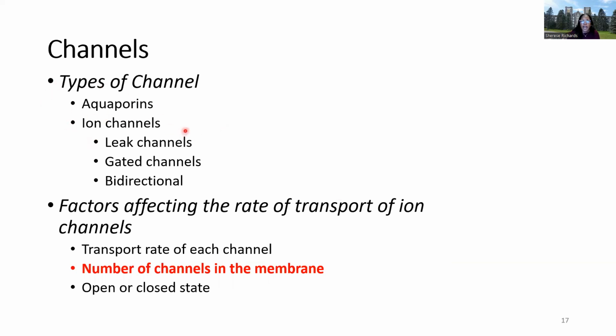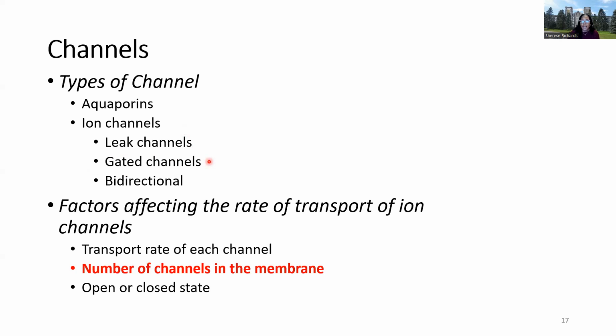Other types of channels are ion channels, so channels specific to certain ions, and these can be leak channels. In other words, they have no condition. They just freely move ions according to that concentration gradient. Here, again, they're going to be specific. So specific to sodium, specific to potassium, calcium, chloride, etc. The other subtype of ion channels are gated channels, and gated channels need some condition to be met.